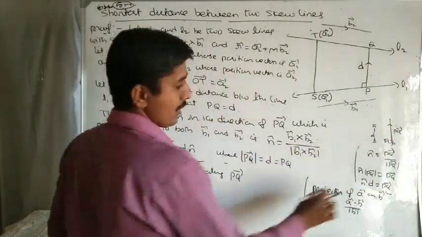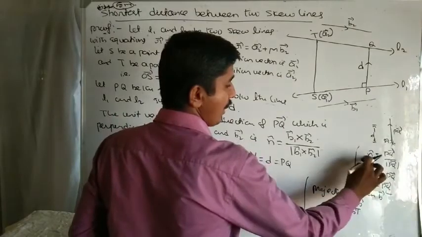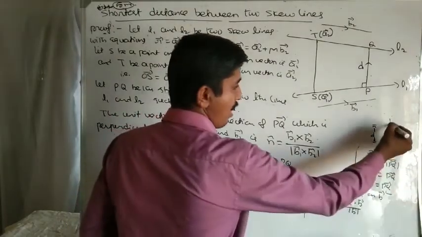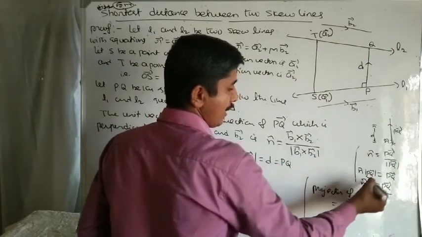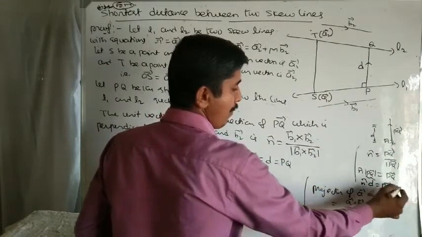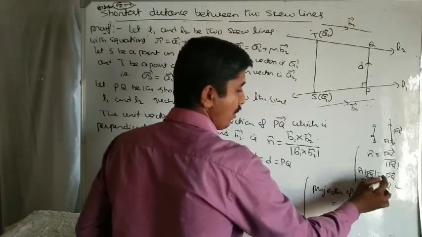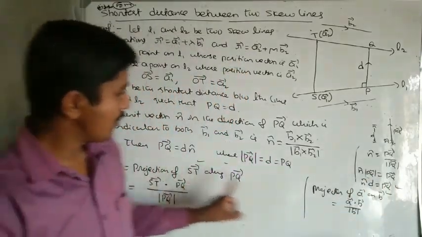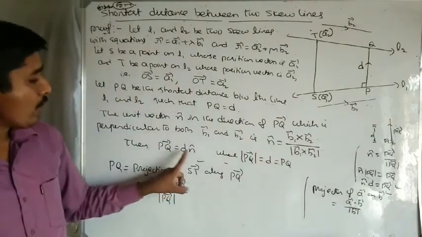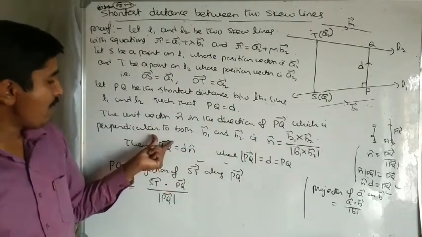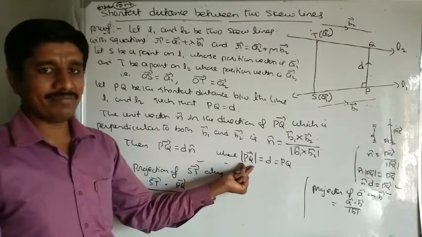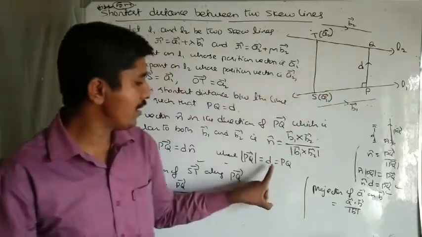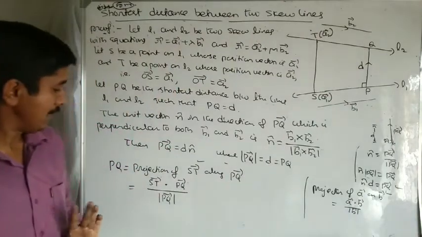Then vector PQ equals n cap times the magnitude of vector PQ, and denoting this magnitude by d, vector PQ equals d n cap. Here the magnitude of vector PQ is a scalar distance, d equals PQ.